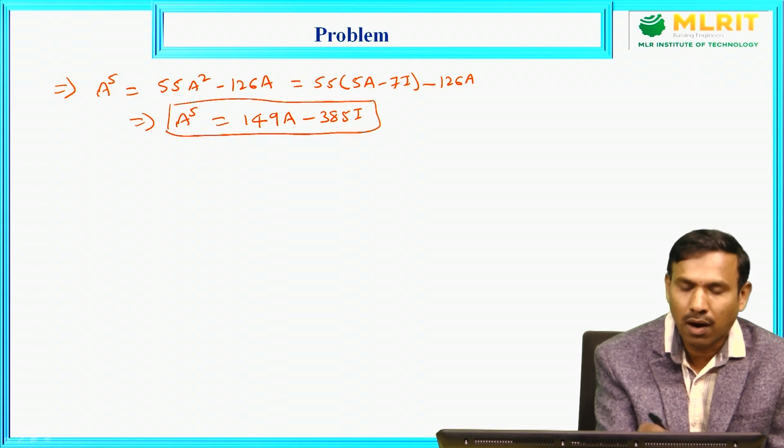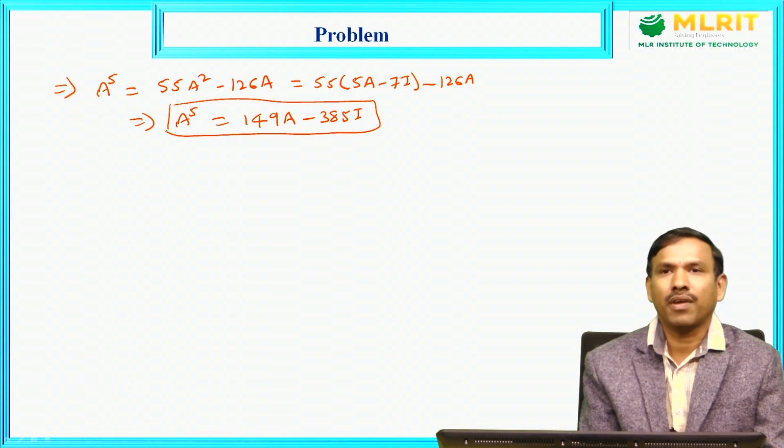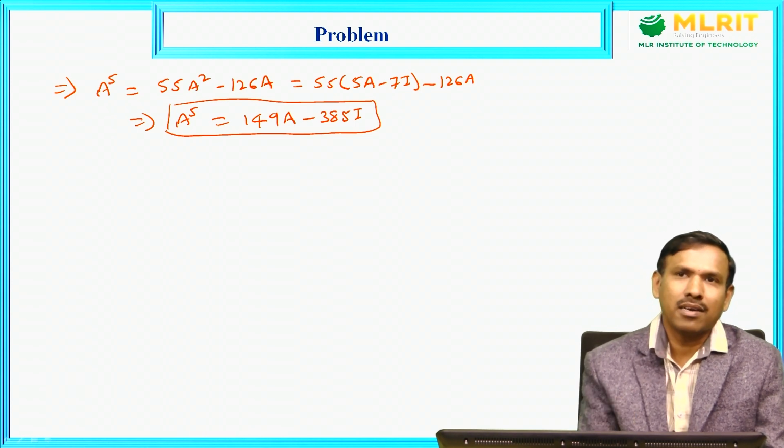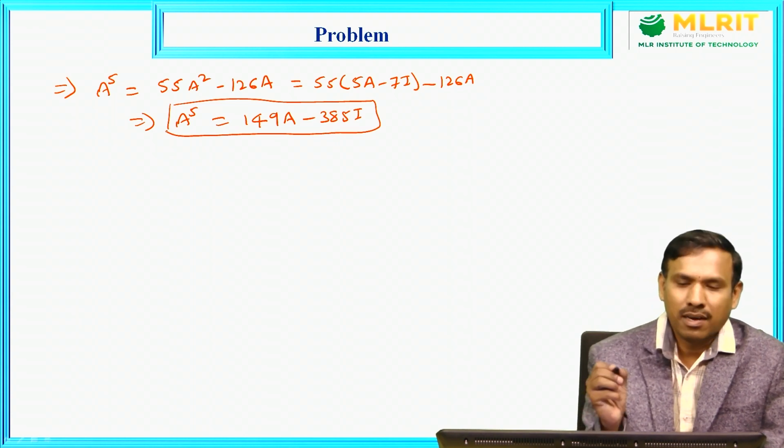Now, we got a square, a cube, a power 4, a power 5 in terms of a only. I is treated like a constant, it is not a polynomial of a, just I is a constant.